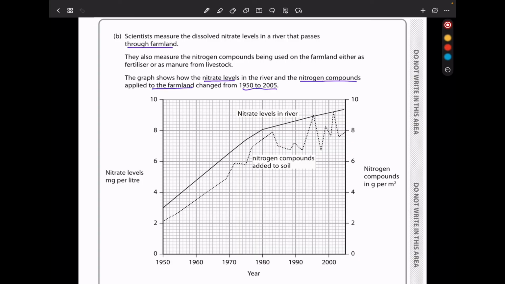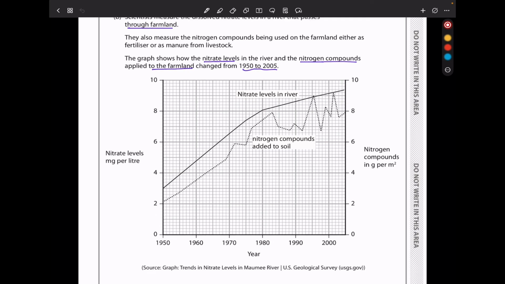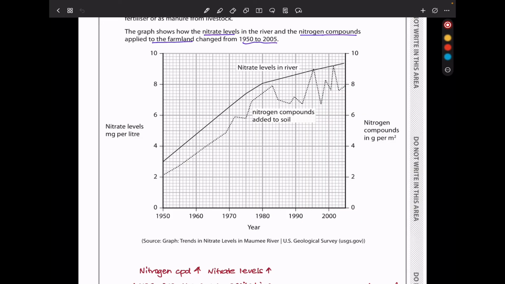The graph shows how the nitrate levels in the river and the nitrogen compounds applied to the farmlands changed from 1950 to 2005. On the vertical axis, we see the nitrate level as well as the nitrogen compounds, while on the horizontal axis, we have the time in years. And we can see both the nitrate level in the river as well as the nitrogen compounds in the soil increase over time.